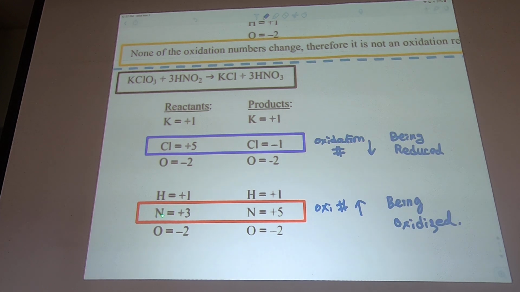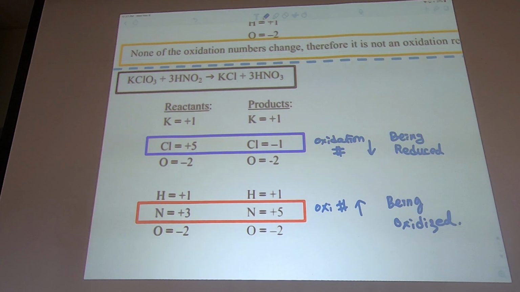So if this compound, the nitrogen-containing compound up here, is being oxidized, it's being oxidized at the expense of somebody being what? Reduced, right? So I'm making something reduced. So because I'm being oxidized, this is what we call the reducing agent.